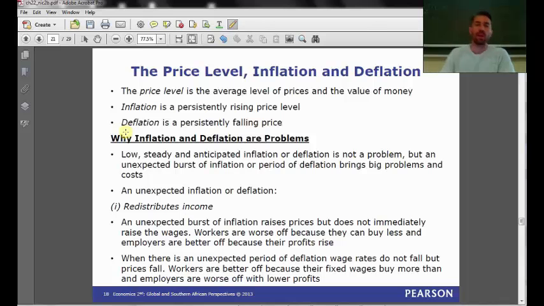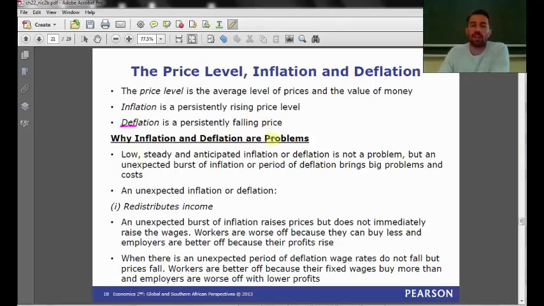Okay. So a rising and falling level of inflation is not the same as a rising and falling price level. And deflation is falling prices. So a falling level of inflation is not the same as deflation. Deflation is when prices are actually going down. Okay.